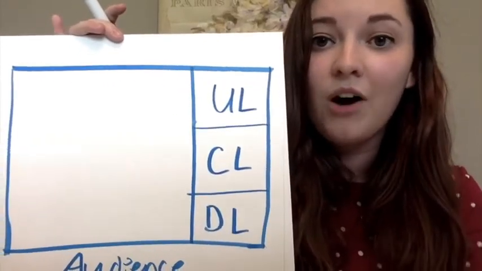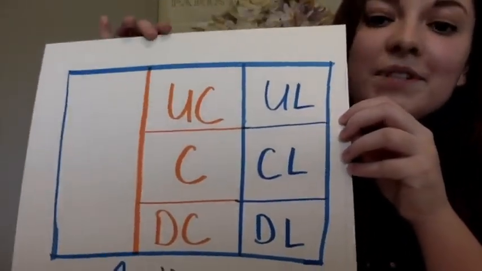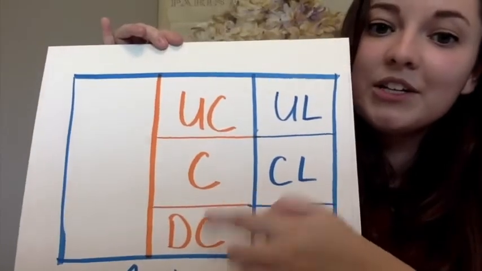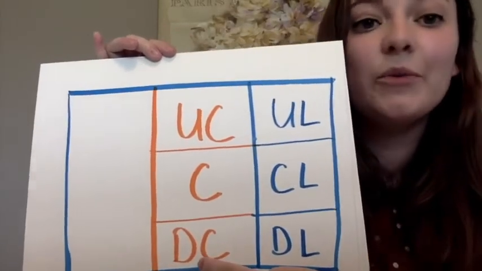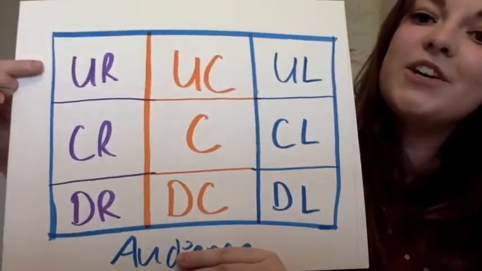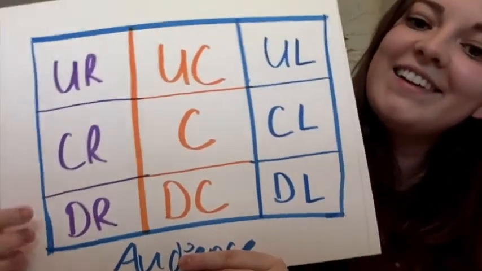So now we're going to move on to center. All right. So if we look at our center, we have up center, regular old center, and then downstage center. So the last thing we're going to do is show stage right. All right, we got upstage right, center right, and downstage right.